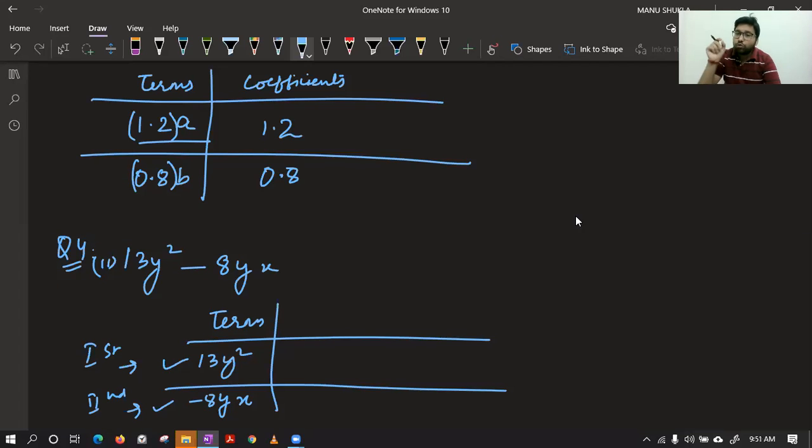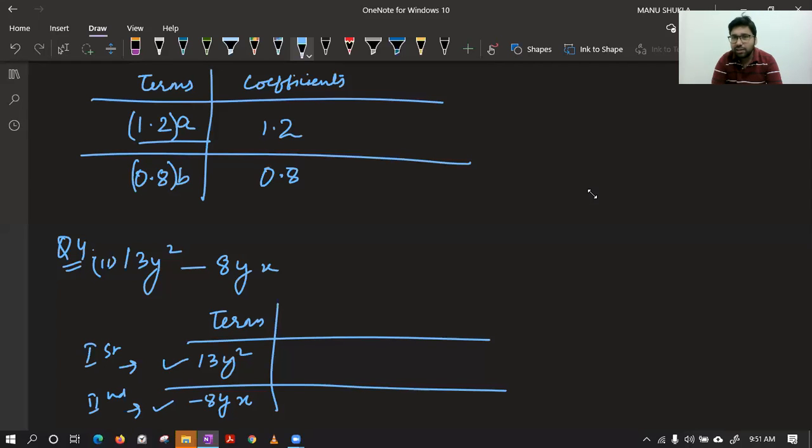Now tell me what is the coefficient of x? To find the coefficient you have to cover the thing, and whatever is multiplying in that thing, that will be your coefficient.